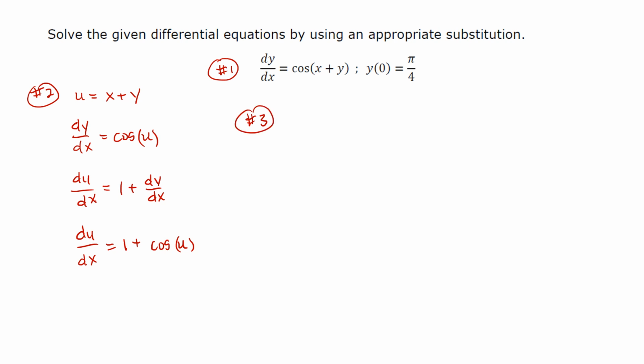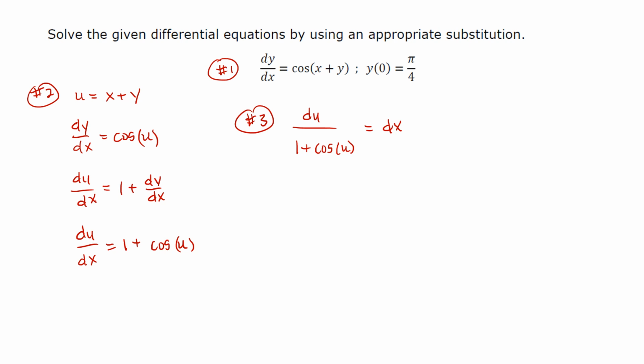When I get all the u variables on one side and x on the other, I will have du divided by 1 plus cosine u equals dx. All right, so that's step number 3. To get to step number 4, where I want to integrate both sides, we're going to rewrite this expression so that we can then take the integral.